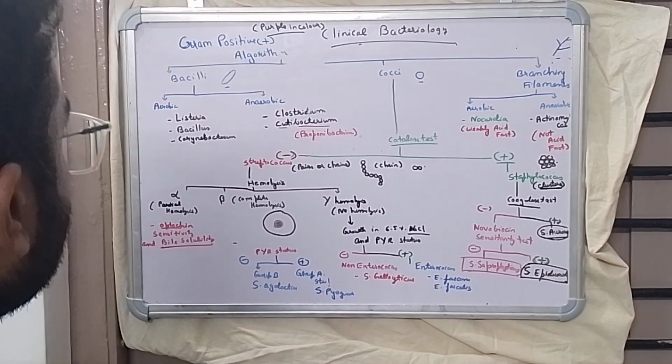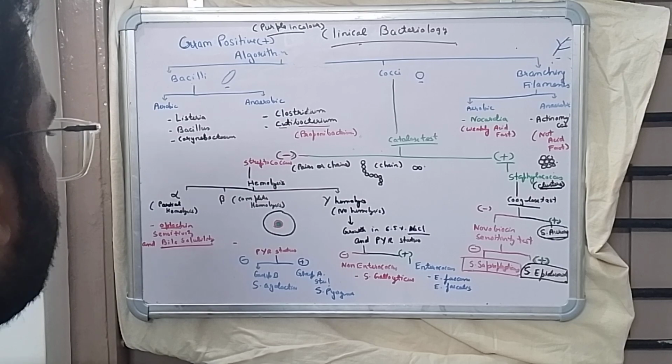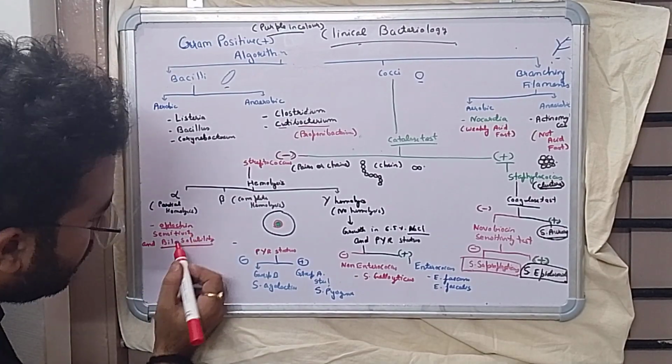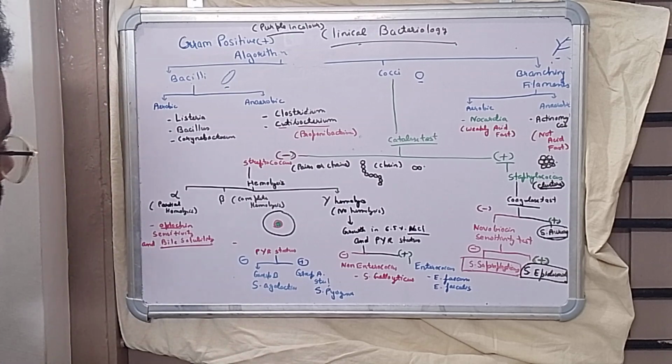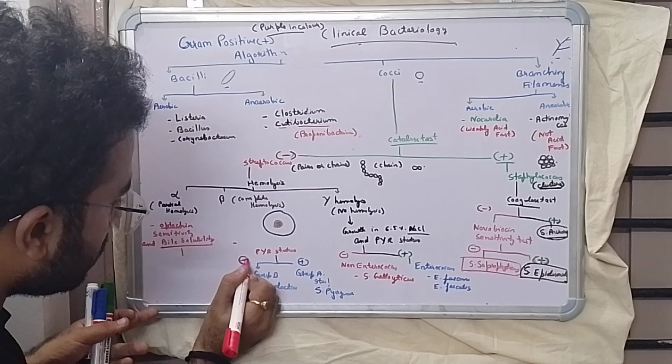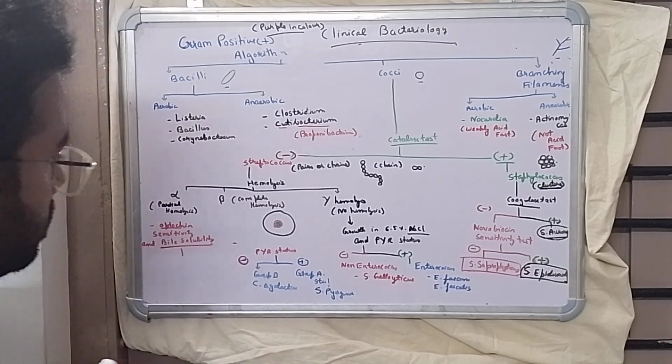And for alpha hemolysis, we'll differentiate by the tests optochin sensitivity and bile solubility. Here it will be negative, here it will be positive.